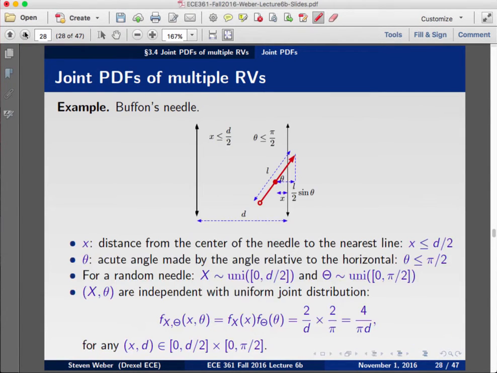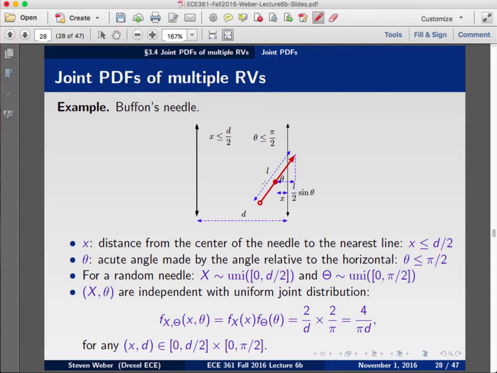And let's then try and answer this question using probability, in particular this notion of joint PDFs of multiple random variables. Okay, so we're going to define some notation. First, we're sticking with d as the distance separating two vertical lines on the floor.